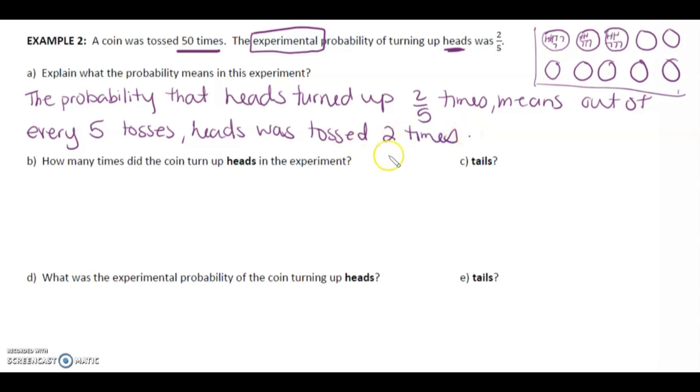That's what that means. And that's why I was talking about the groupings. Out of every 5 tosses, right, the groupings of 5, heads was tossed 2 times.